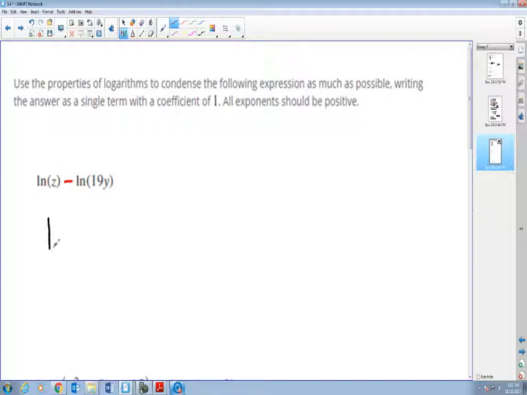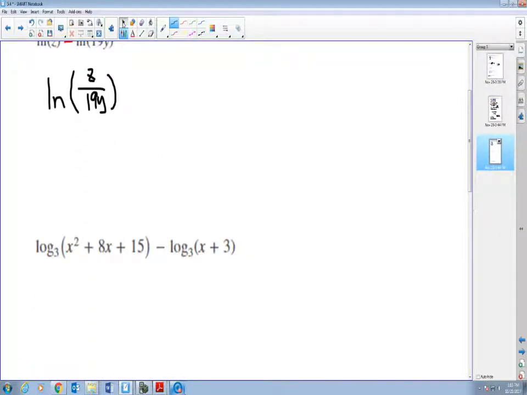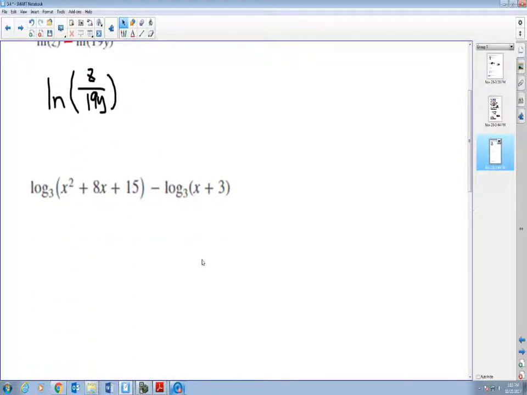So that means this is going to give me a natural log of, I'm going to put a parenthesis, z on top over 19y. That's as simplified as you can make them. Now with other examples, it all depends. Condensed back to a single logarithm.